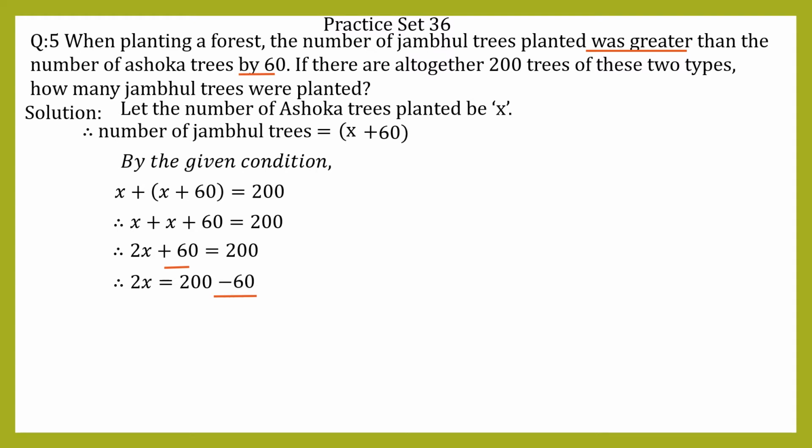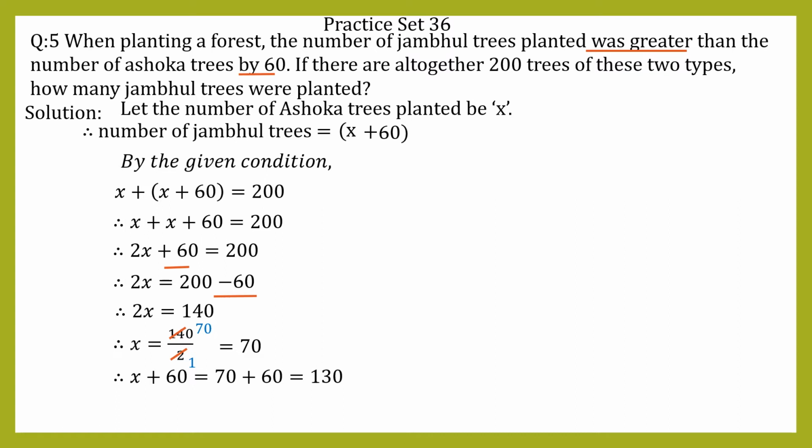It will become minus 60. So 200 minus 60 is 140. So 2x is equal to 140. Therefore x will be equal to 140 upon 2. Let's apply the table. 2 1s are 2, 2 7s are 14 and 0. So 70. So the value of x is 70.